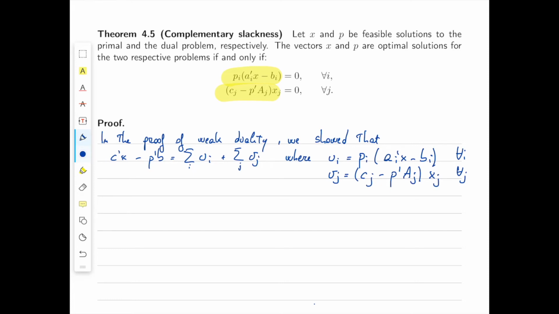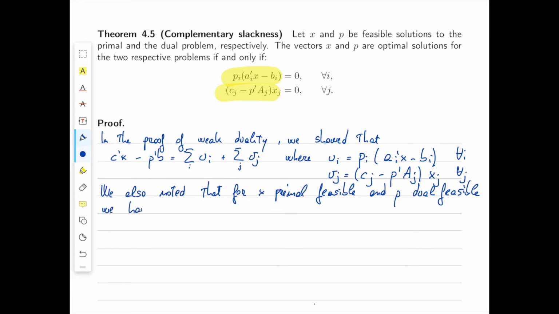In the proof of weak duality, we also noted that for x primal feasible and p dual feasible, we have ui greater than or equal to 0 for every i, and vj greater than or equal to 0 for every j.